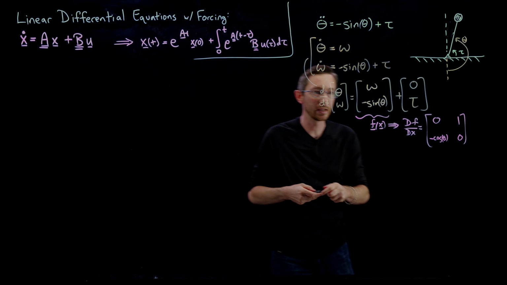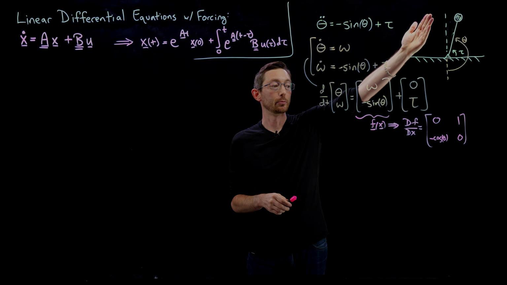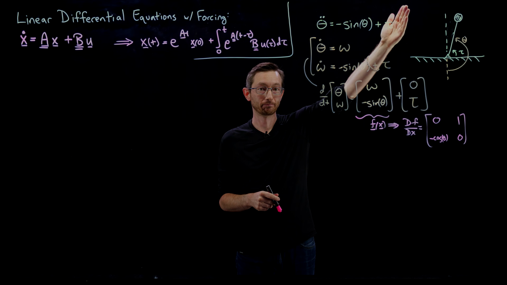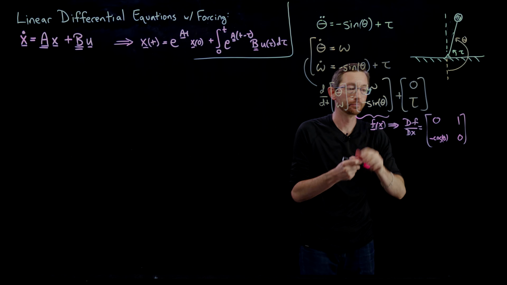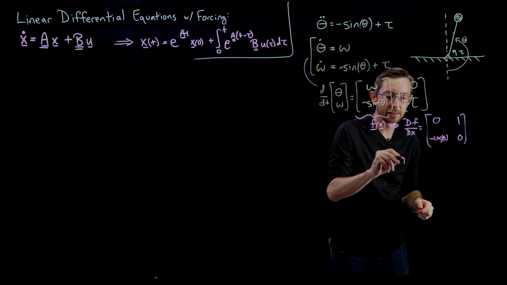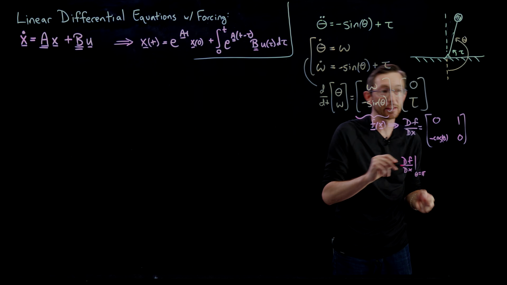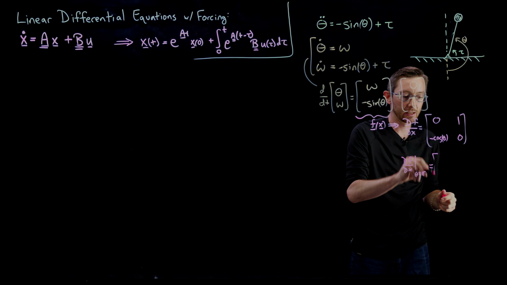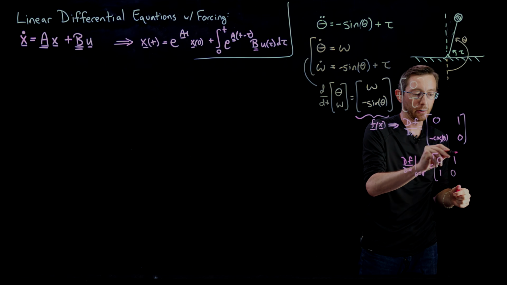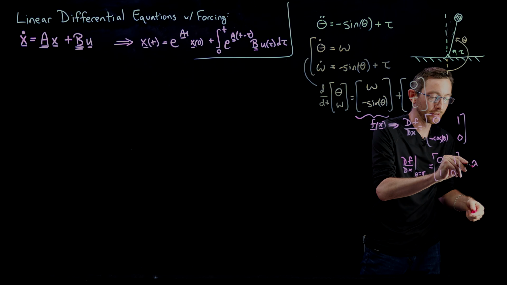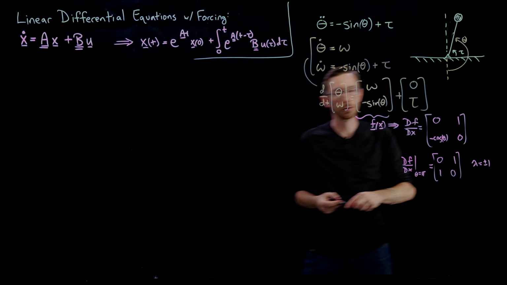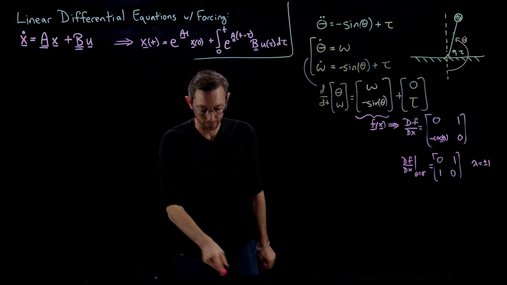Okay, so this is my Jacobian. And at my vertical position, theta equals pi, df/dx is just going to equal 0, 1, 1, 0. And this is the saddle with lambda equals plus or minus 1. So we know that at the up position it's unstable.